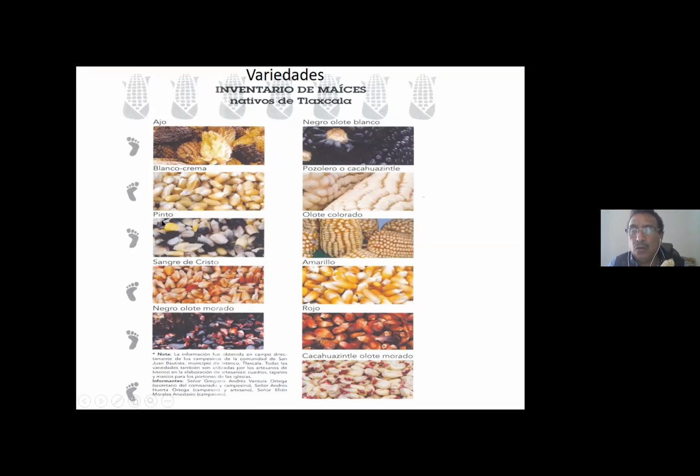It's also called the white or creamy corn. We also have this dark color. We have the blood of Christ, sangre de Cristo corn. We have the black corn. We have the yellow. We have the red, and we have the cacahuacintle also. These are the names that I've been taught to distinguish between the different types of corn.